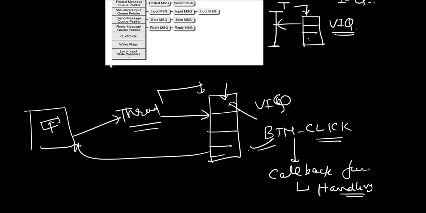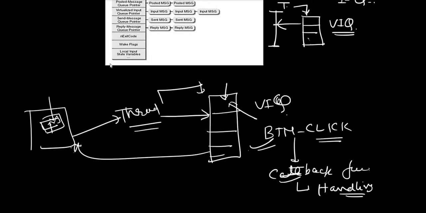This callback function contains the handling of the request. Handling means what we need to do when this button is clicked. That particular sequence of operations to be performed when the button is clicked is written inside this callback function.